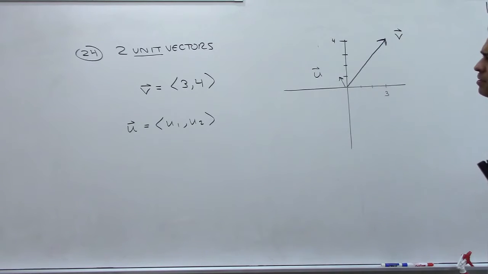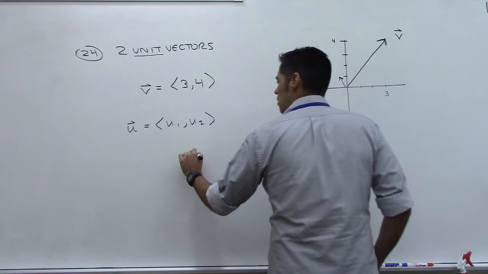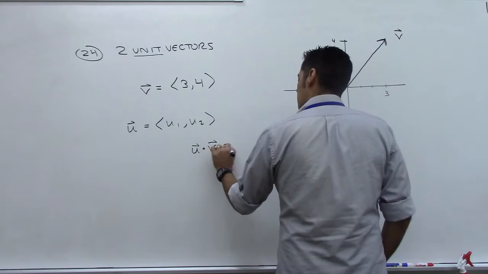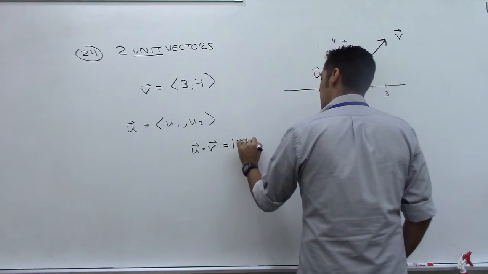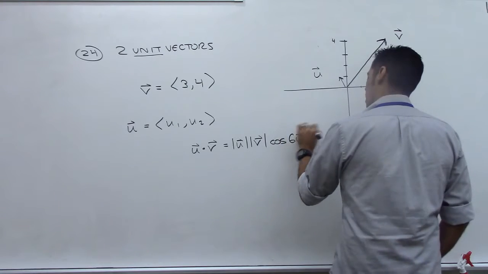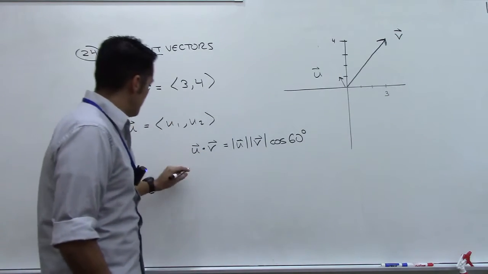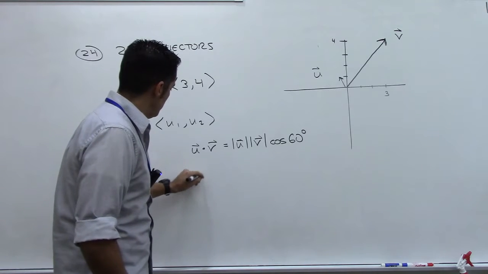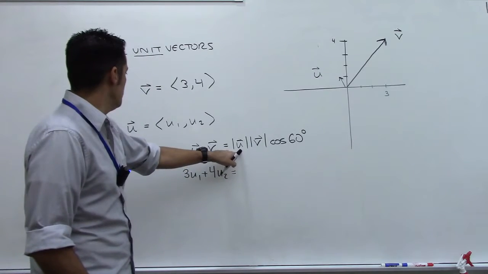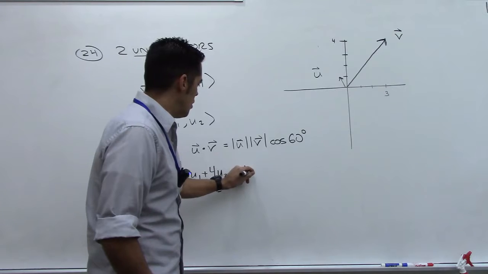And what are some things we know about this? Well, the angle has to be 60 degrees between these. So I know that u dotted with v must equal the magnitude of u times the magnitude of v times cosine of 60 degrees. If I dot these two vectors together, I get 3u1 plus 4u2. I want this to be a unit vector, so the magnitude of u is going to have to be 1.